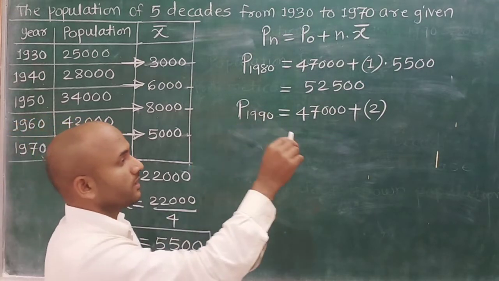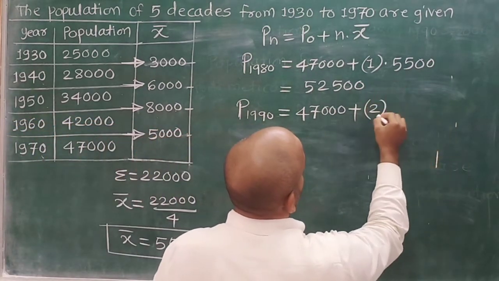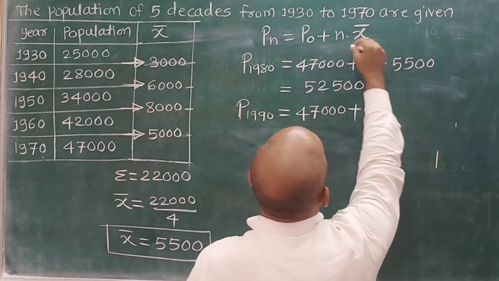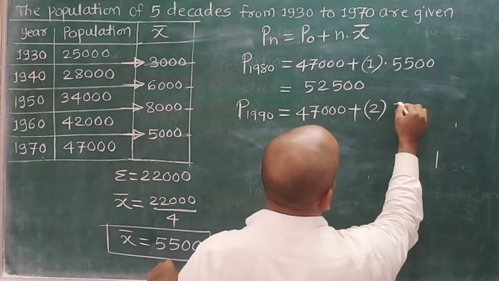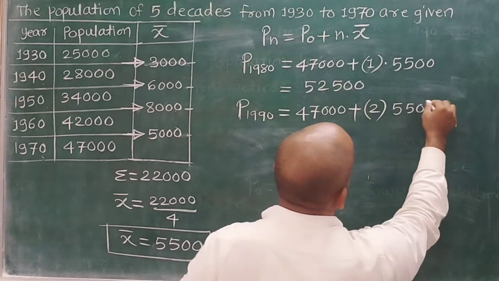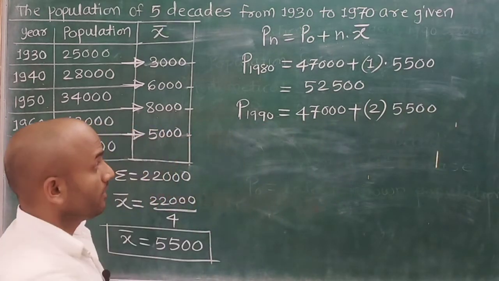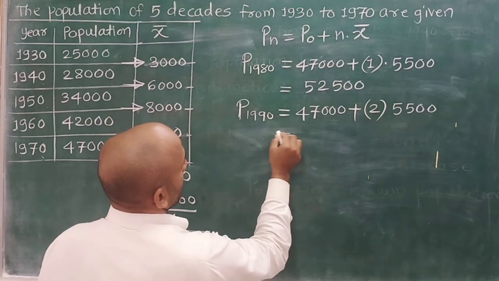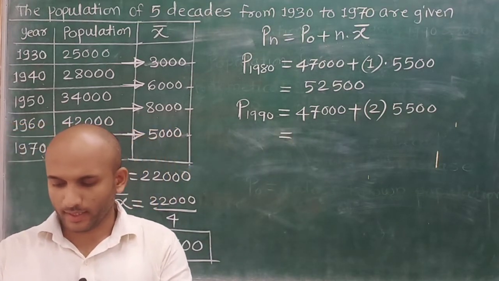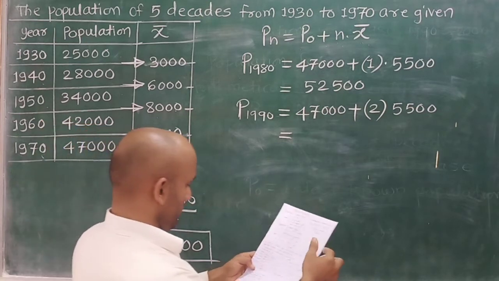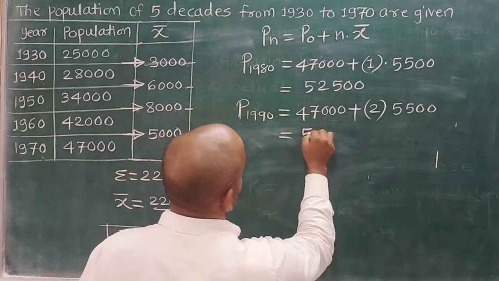So there is a difference of 2 decades. So n will be equal to 2. We have to find out the population after 2 decades, and x bar, the value is the same, 5,500. So what is the population in 1990? Population in 1990 is 58,000.